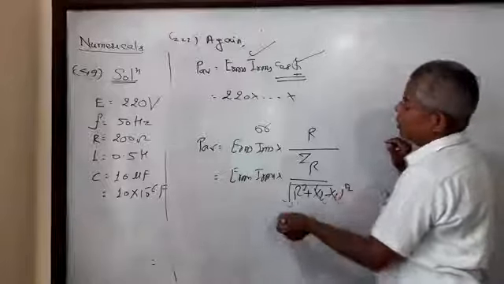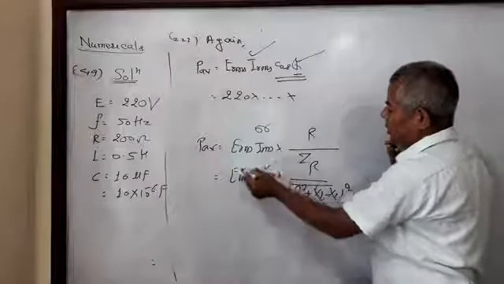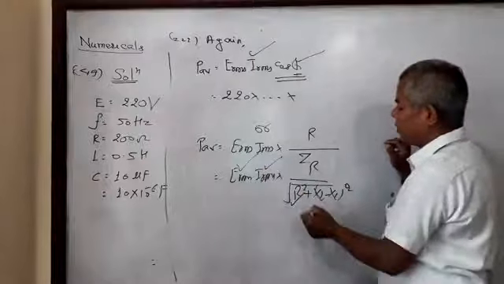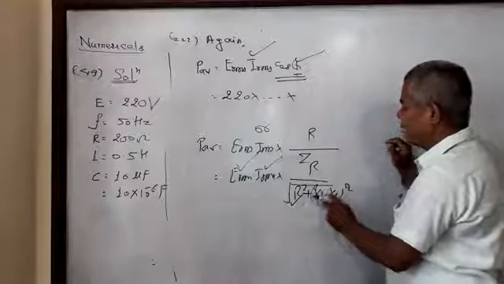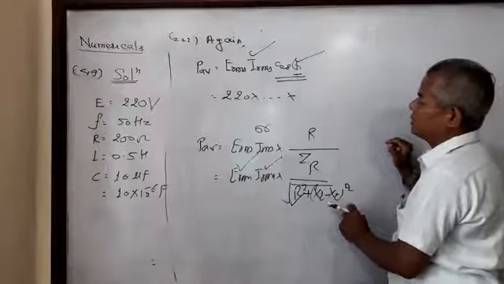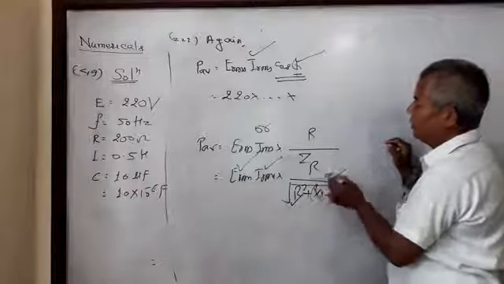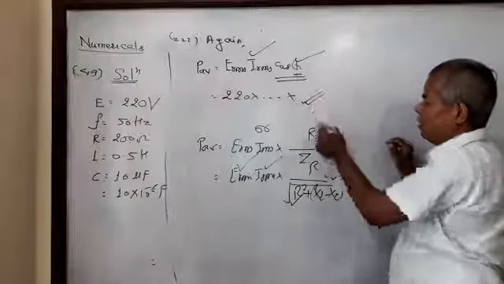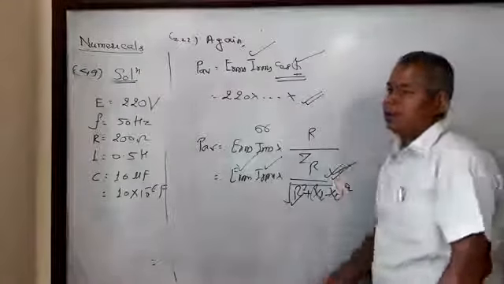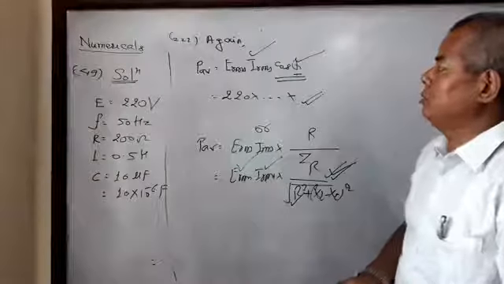So this is ERMS into IRMS into R divided by Z. Current is determined, E is given to us, R is also given to us, XL means omega L and XC is equal to 1 by omega C. This is the first method and this is the alternative method.